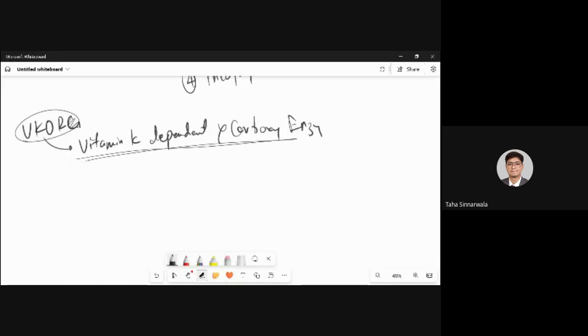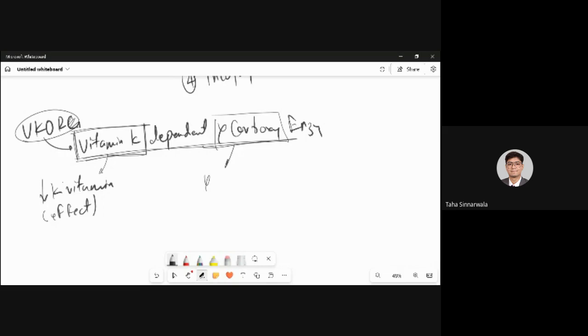Now, based on this enzyme, there are a couple of things that we can extrapolate. One, that this medication, warfarin, has something to do with vitamin K. So we can maybe indirectly say that the effect of vitamin K is decreased with warfarin.